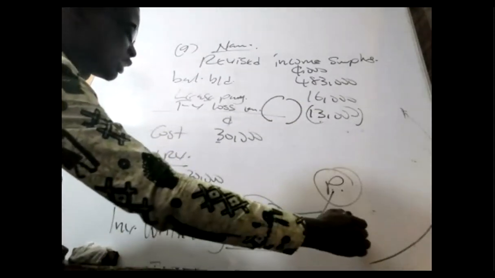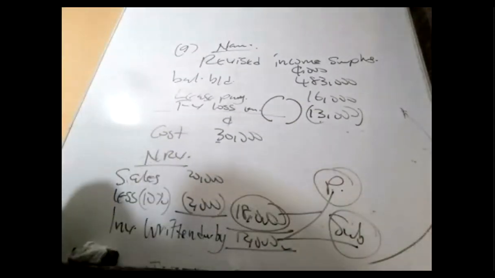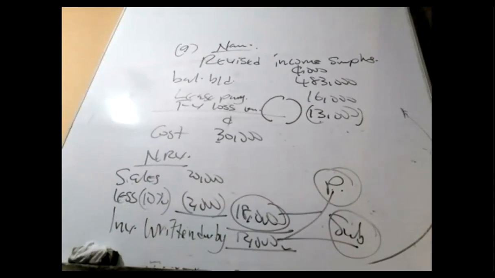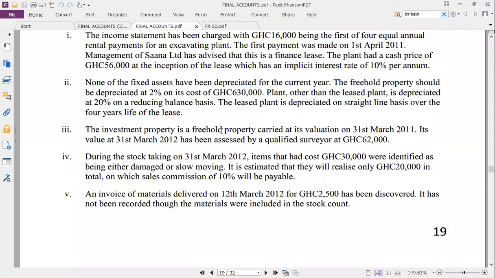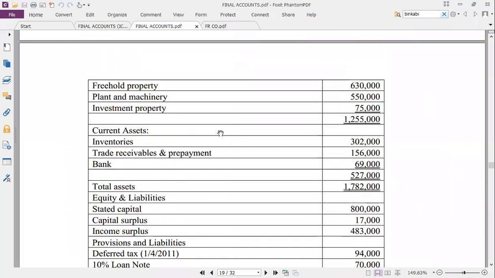Number two, subtract it from the inventory. Let's check this particular question. I have 302, which means this slow moving item is not the only inventory they have. So I cannot record 18,000 instead of this 302.